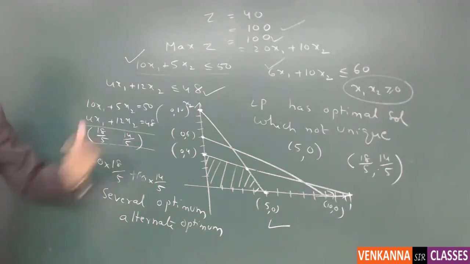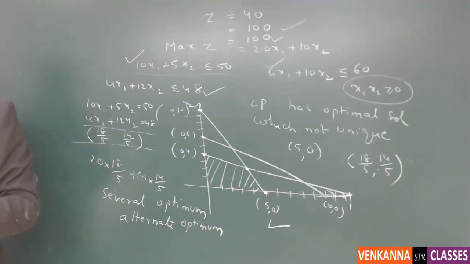We have found the maximum value of z and the solution is not unique. It is obtained at 2 points. Not different optimum solutions, but one optimal value with 2 different choices. Clear? Any questions, please?